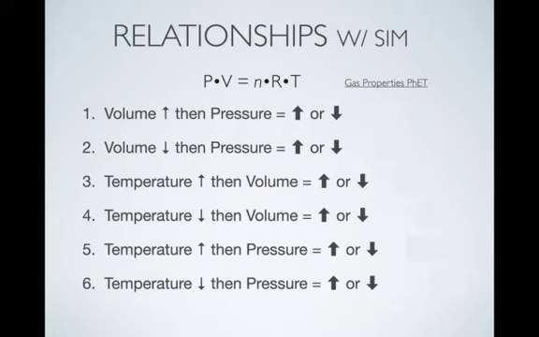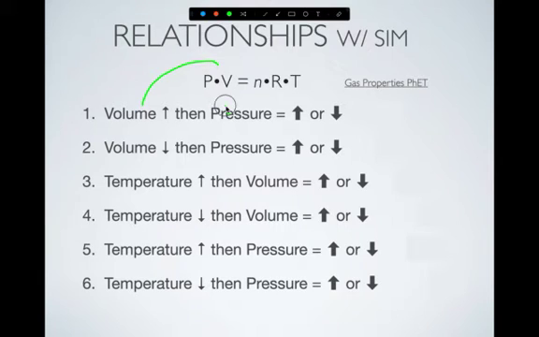So you need to fill this in. I'm going to talk about the first one, but I am going to leave the rest of them undone. If I make my volume much larger and I keep the temperature and the moles the same. So why those two? So if I look at my formula, here's volume, right?